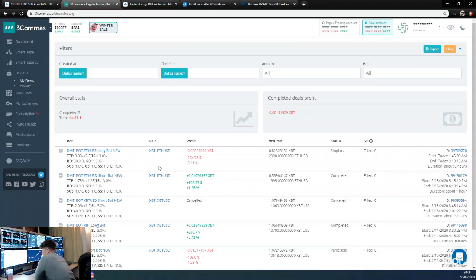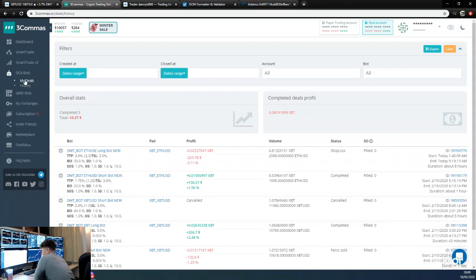I had recently increased the trade sizes for the Ethereum and the Bitcoin trades, so that has wiped out most of the gains, Satoshi value wise. But it's a learning process, guys. I'm doing this along so we can all learn together.